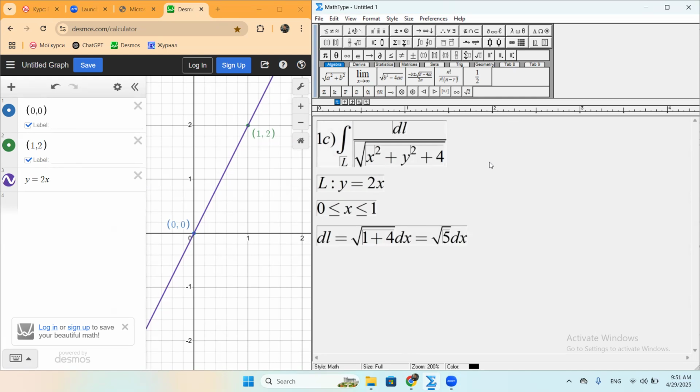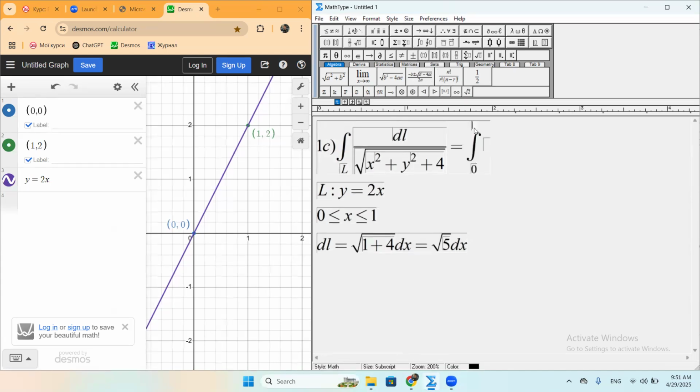And now let's substitute everything into the integral. From 0 to 1, in the numerator we have square root of 5 dx, and under the square root, substitute 2x instead of y, so x squared plus 4x squared plus 4.